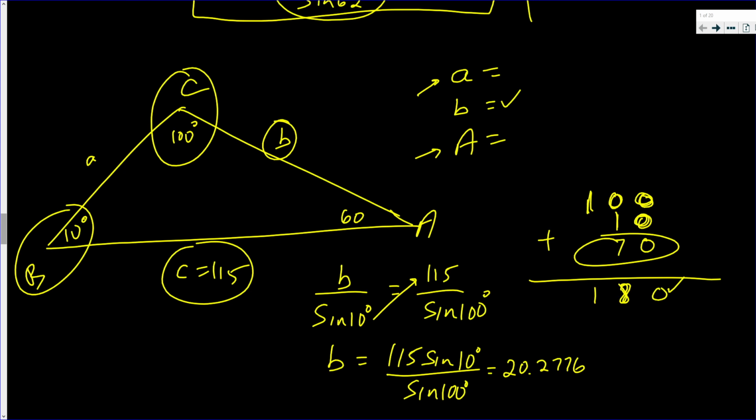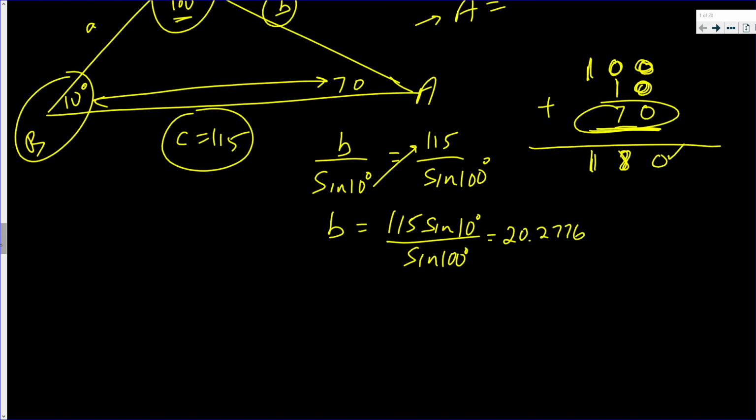And the 1 is the 1. So that's the angle. It's not 60, it is 70. And you can check: 10 plus 70 is 80. Add 100 to it, get 180. Now, that's pretty much correct to me.